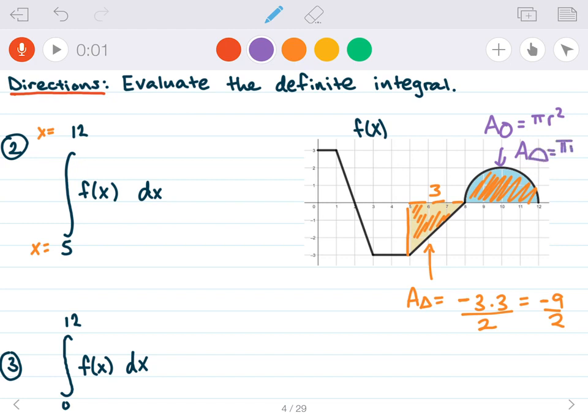So pi r squared divided by 2. Okay? Now, what is r here? Well, r is the radius, so the distance from the center to the edge is going to be 2. And so the area of the semicircle is going to be pi times 2 squared over 2, which is going to simplify to 2 pi.